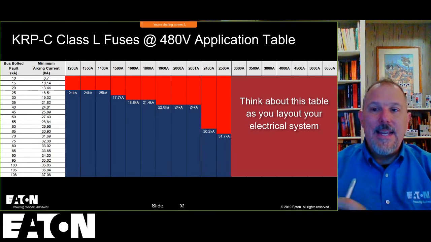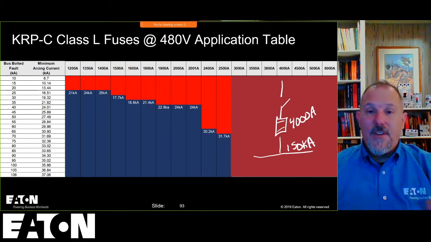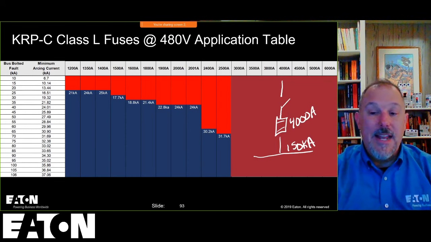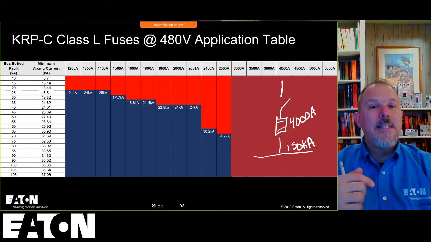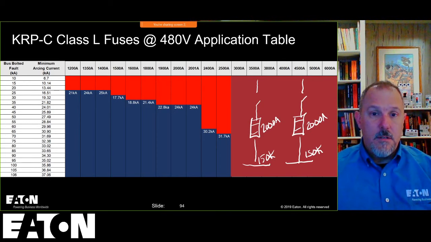Or, for example, if I have a 4,000 amp fusible switch and 150,000 amps, I'm either going to apply the arc reduction technologies and then compare that with the arcing currents at 106,000 amps that I can calculate, or I'm going to take that 4,000 amp fusible switch and separate it into two 2,000 amp switches.